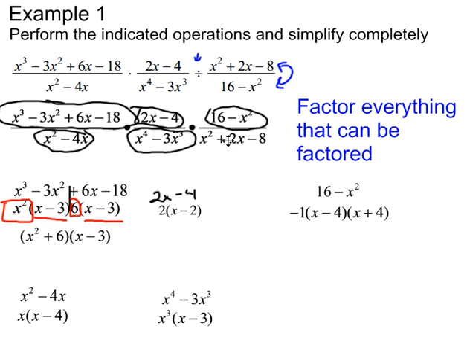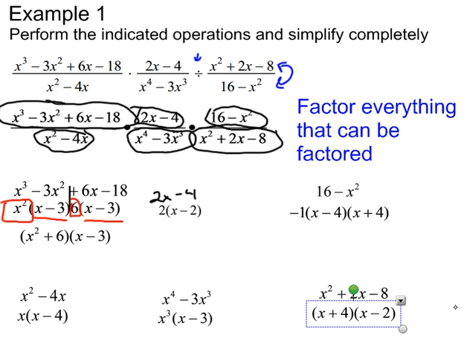And then finally x squared plus 2x minus 8 we are now going to factor. And that's going to be just double bubble. Two numbers that multiply to c and add up to b. So we're looking at x plus 4 times x minus 2. All right. So there, I factored everything that can be factored.